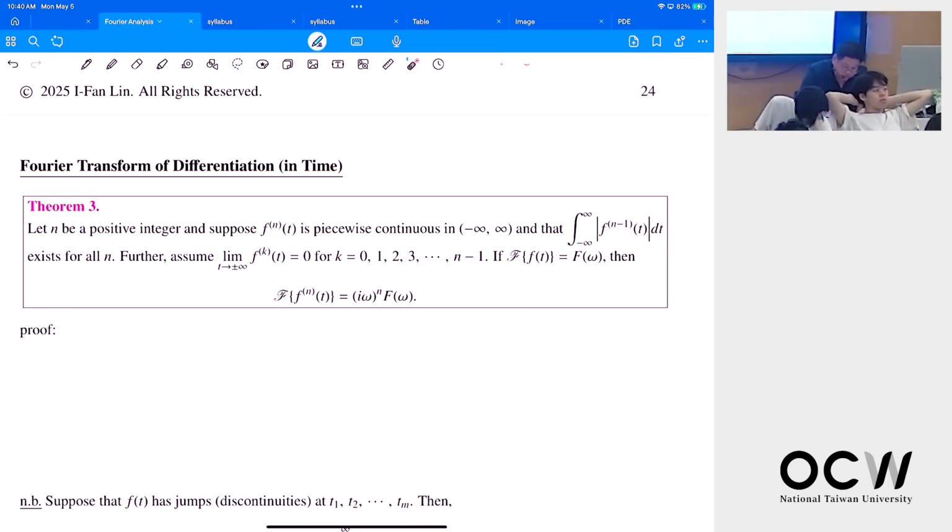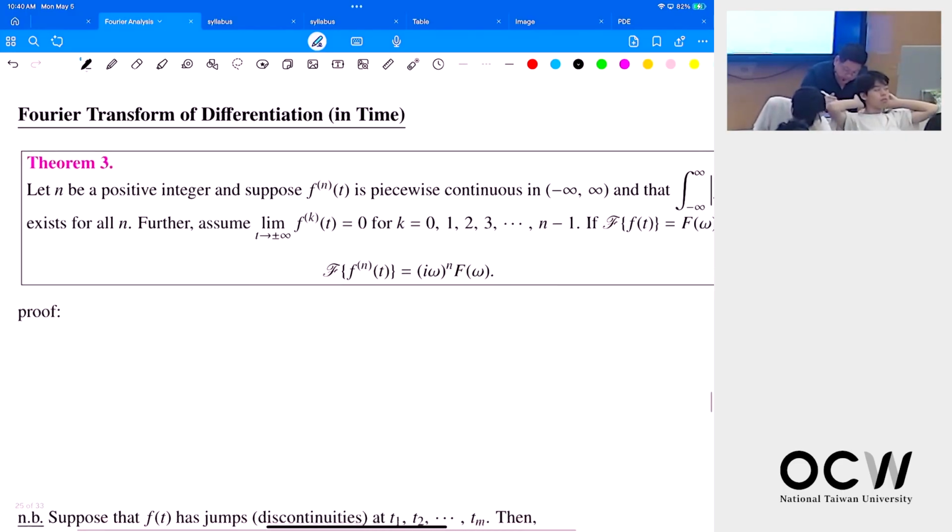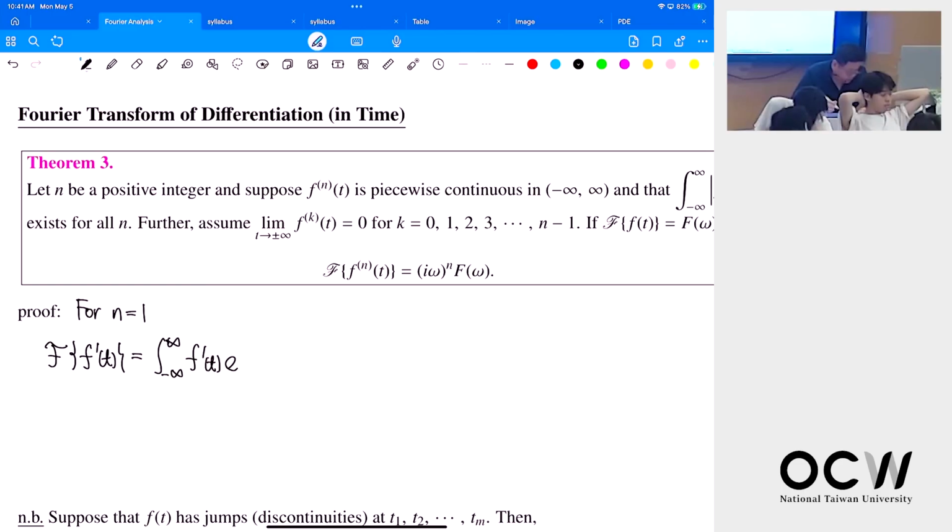Okay, so let's prove it, supposing we have just one derivative, n equals 1. What is the Fourier transform of f prime? We can find that using the definition. The Fourier transform is the integral of f prime e to the minus i omega t dt.